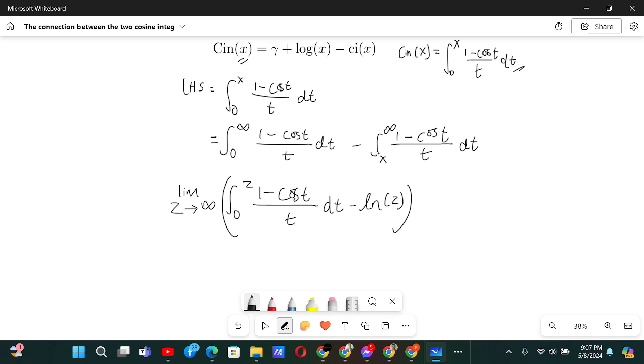But the reason I'm able to do it is that over here we also have minus the integral from x to infinity of 1 by t dt, and then plus the integral from x to infinity of cos t by t dt.